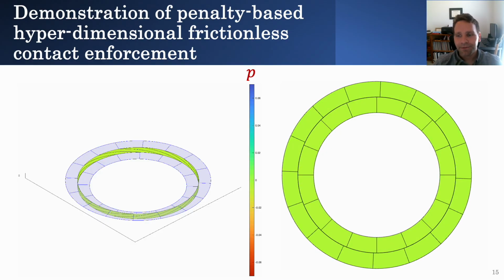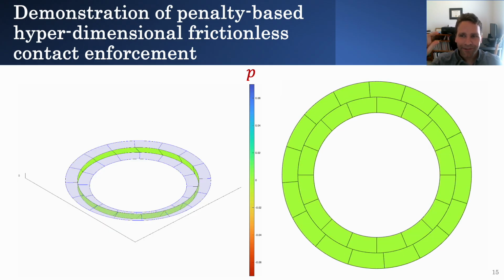But even so, it's surprising that you can get away with that without encountering so many problems. And really, the reason that you can do this has to do with the fact that as you increase the number of internal degrees of freedom to represent this hyperdimensional interface, as you would have in the case of these quadratic elements, those extra internal degrees of freedom actually allow you to tolerate more relative sliding than you would have otherwise been able to, and still get away with reasonable accuracy.